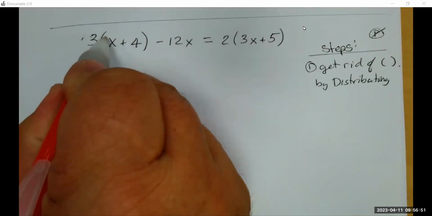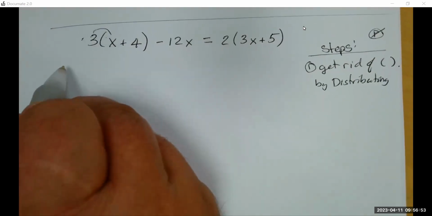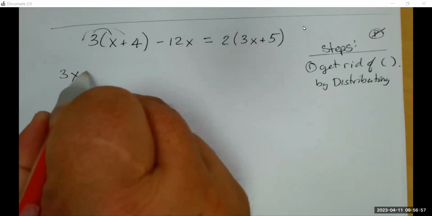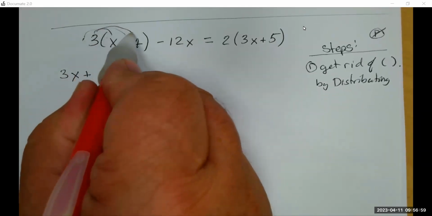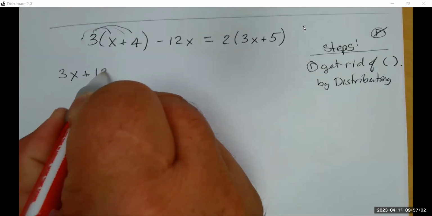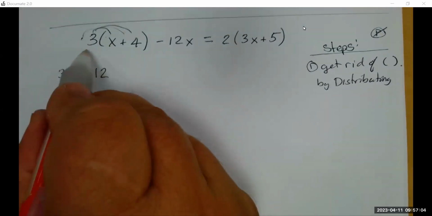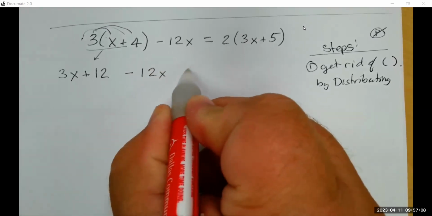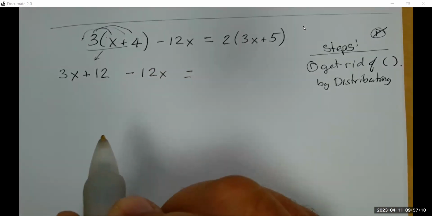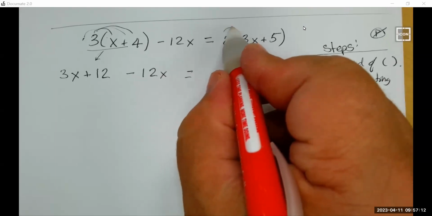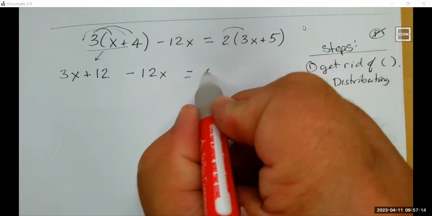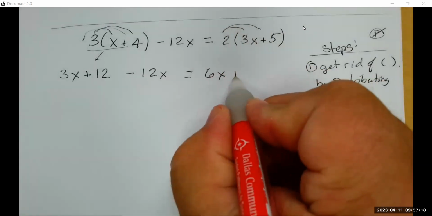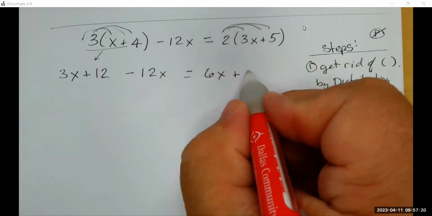So positive times positive is positive. 3 times x is 3x. Positive times positive is positive. 3 times 4 is 12. That's the first one. So minus 12x. Positive, positive is positive. 2 times 6x... 2 times 3 is 6x. Positive times positive is positive. 2 times 5 is 10.